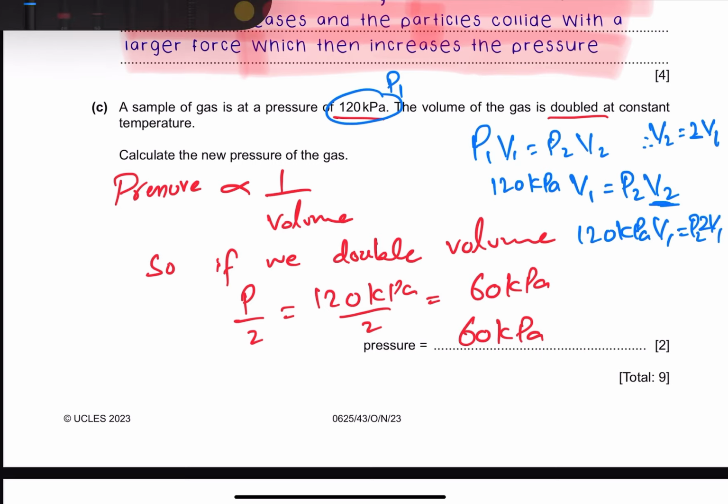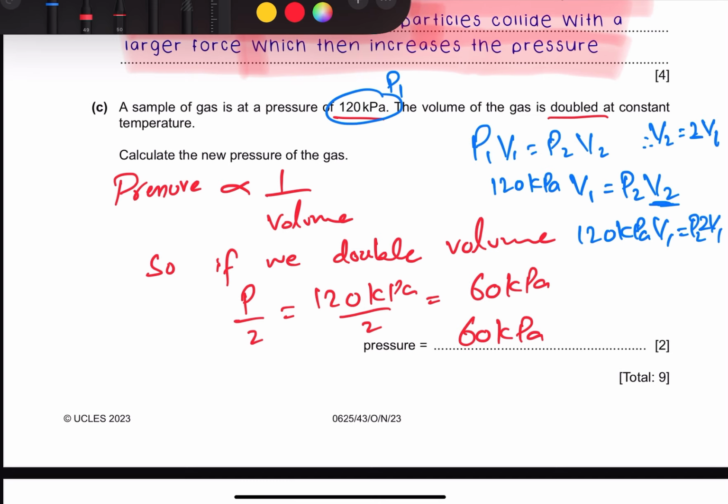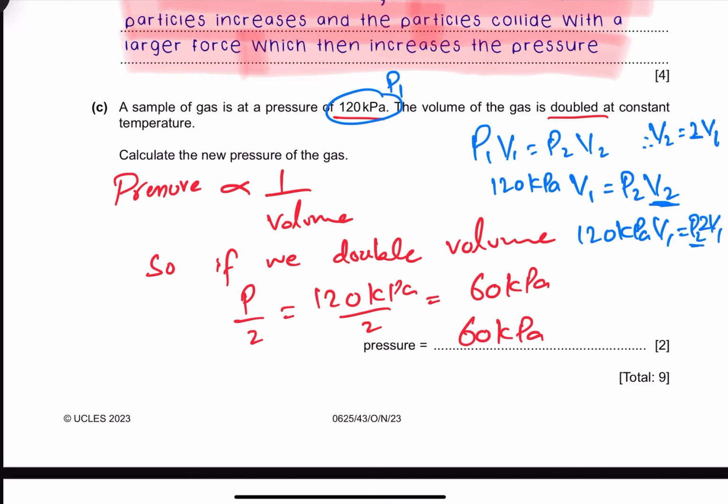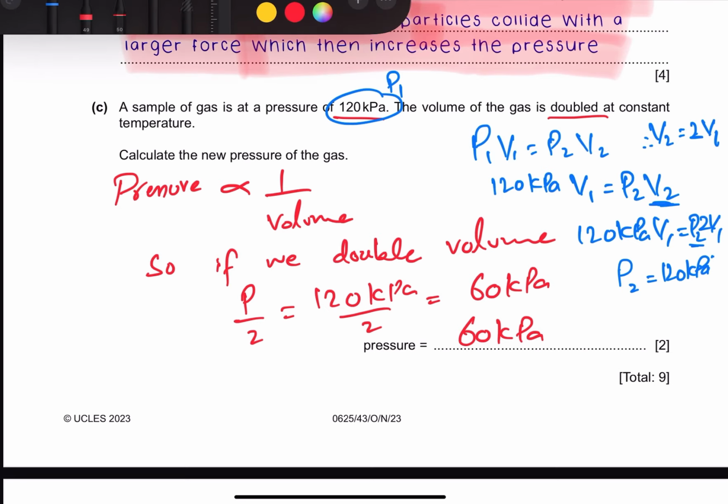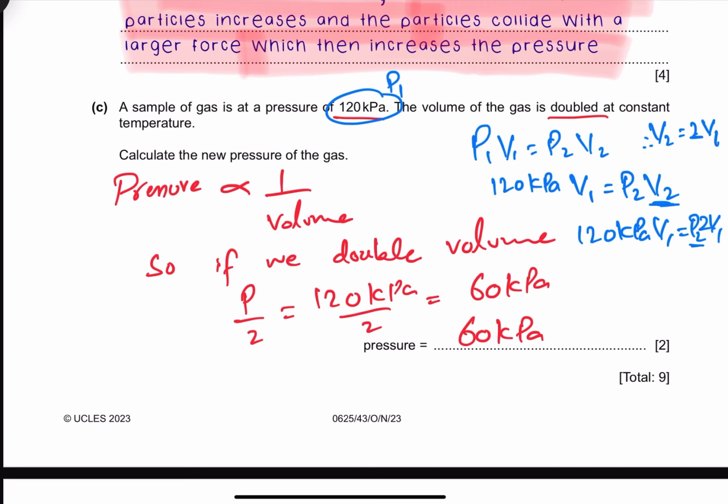Okay, so keep P2 on the right side and shift 2V1 to the other side. Let me write it down clearly.